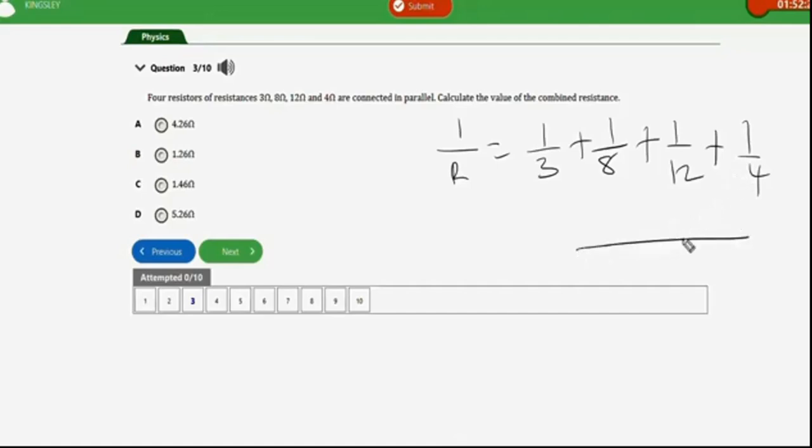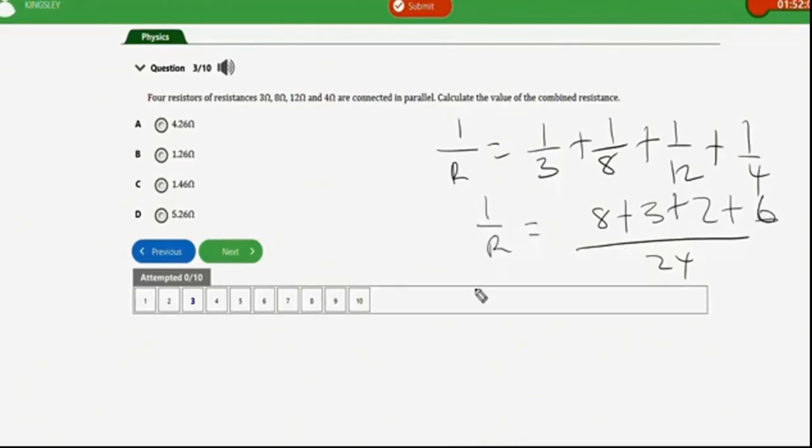So the LCM is 24. 24 divided by 3, we have 8. 24 divided by 8, we have 3, plus 24 divided by 12, we have 2, and 24 divided by 4, we have 6. Okay, so 1 over R equals this.